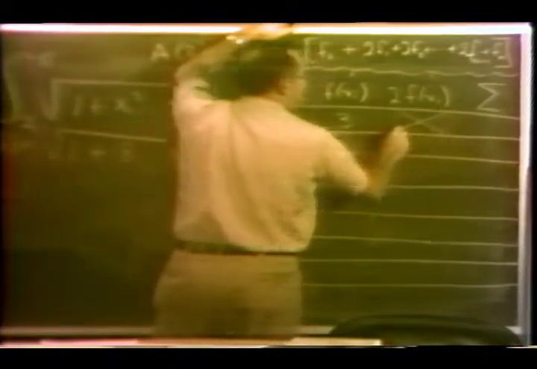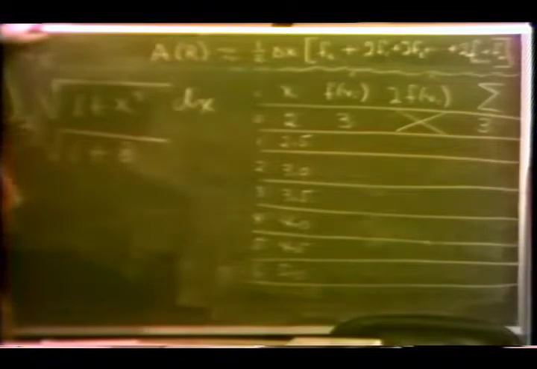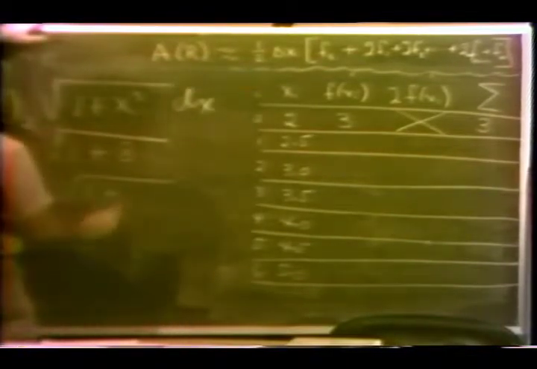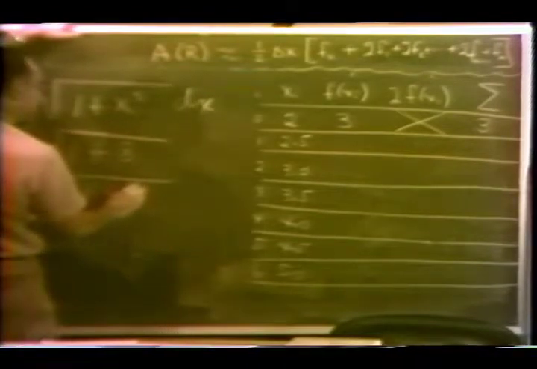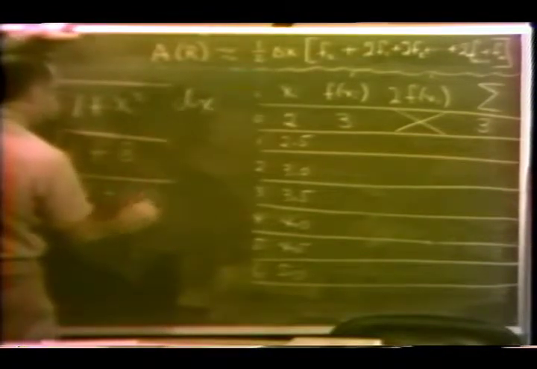Rule out the doubling, so our sum so far is 3. Now life gets a little more hectic. f of 2.5 is the square root of 1 plus 2.5 cubed.